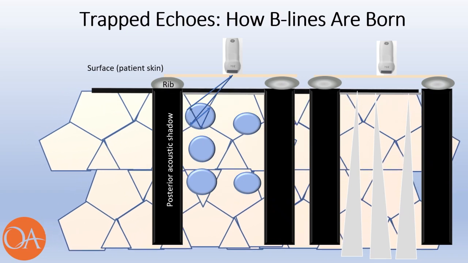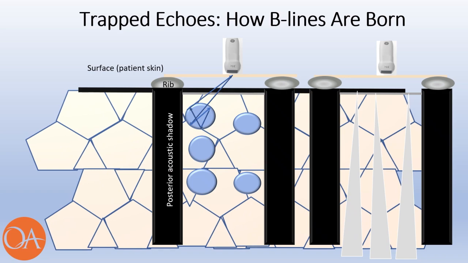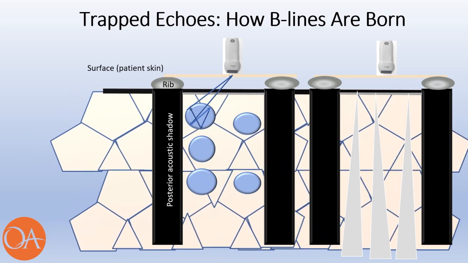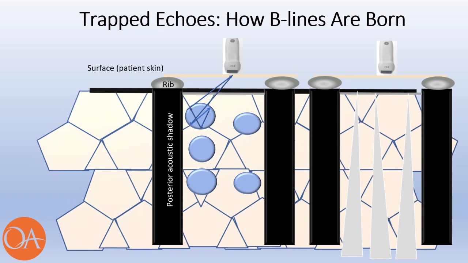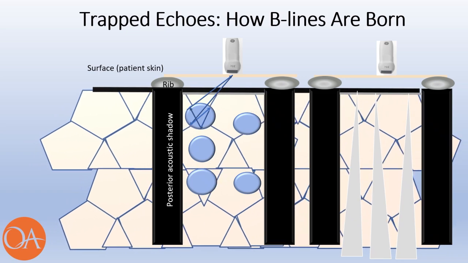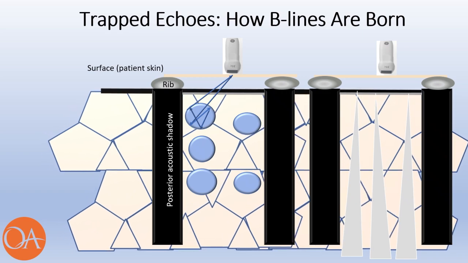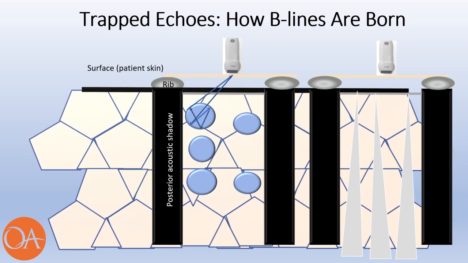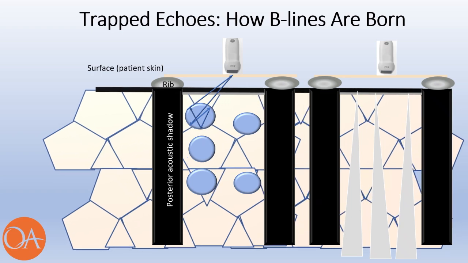As ultrasound beams encounter a droplet of fluid surrounded by air-filled alveoli, the trapped energy produces a series of delayed echoes. These echoes are interpreted by the machine as an infinitely repeating signal, resulting in a bright vertical artifact that emanates from the pleural line and extends to the bottom of the screen, what we recognize as a B-line.